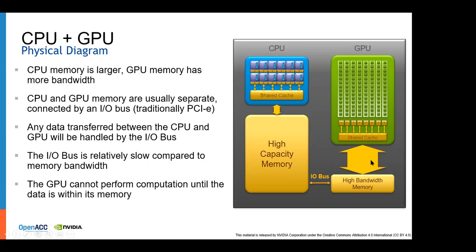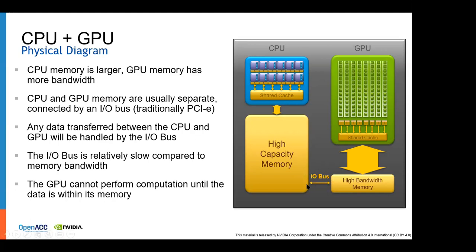On a V100, the bandwidth between what we call global memory on the GPU and the CUDA cores is 900 gigabytes per second. On a Power 9 CPU, between one CPU socket and its memory, you have something like 200 gigabytes per second, so a quarter.